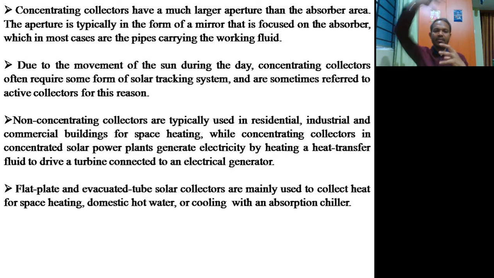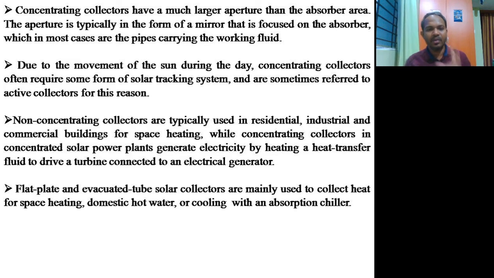If the sun is in the east, it will be like this. At afternoon, at 12 p.m., it will be like this. So solar radiations will not be falling onto this directly. So in that context, we need to have tracking systems. Okay. So the non-concentrating collectors are typically used in residential, industrial and commercial buildings.